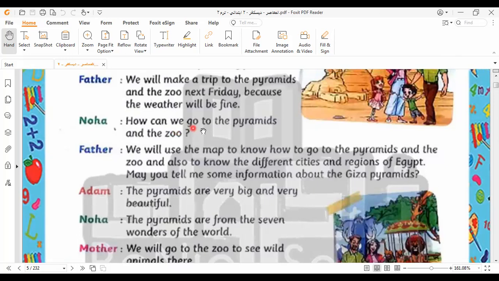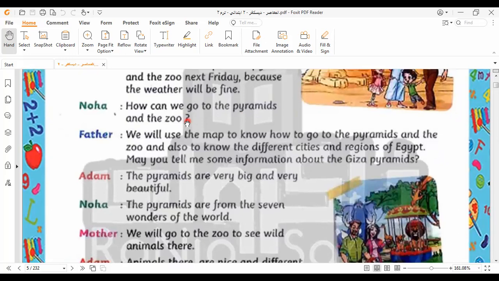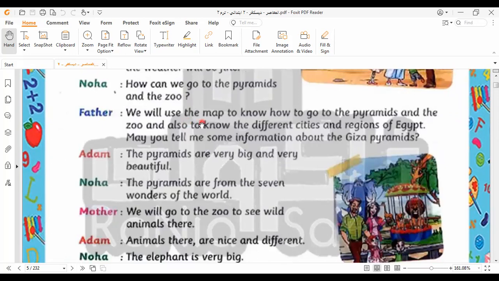Noah, how can we go to the pyramids and the zoo? In this question, Noah asked how we go, by what transport we use, and the tools that help us to go to the pyramids. So here is the tool that we use to know how to go: the map. You know the map.